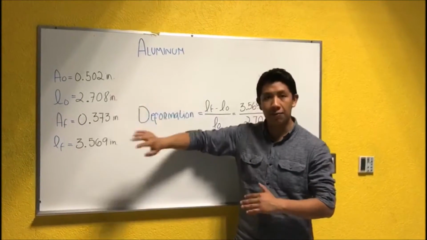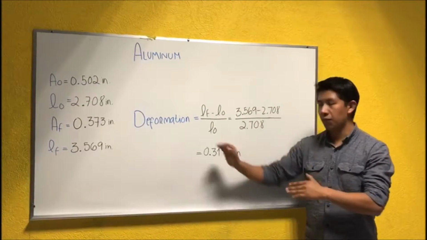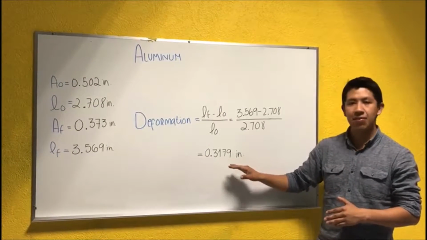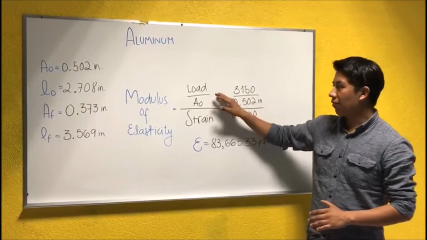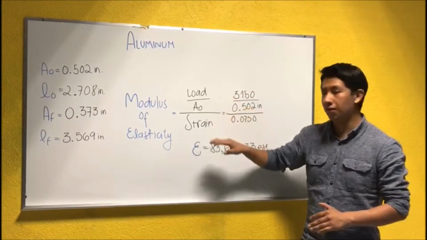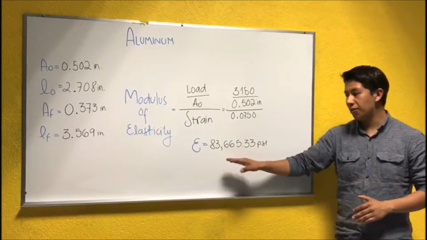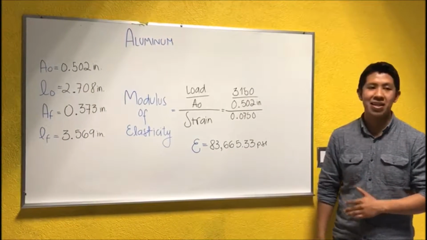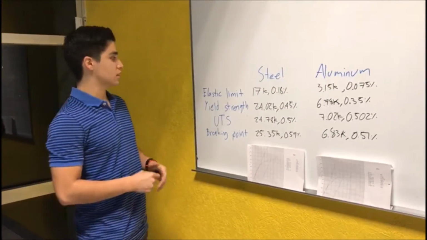We have the initial area, final area, initial length, and final length, and we obtain a deformation result of 0.3179 inches. For the modulus of elasticity, we have the load from our graph divided by the initial area, all this divided by the strain, and the result was 365.33 psi.